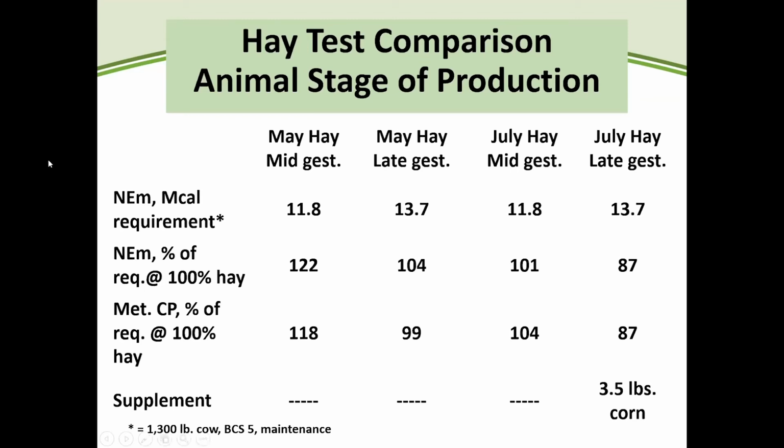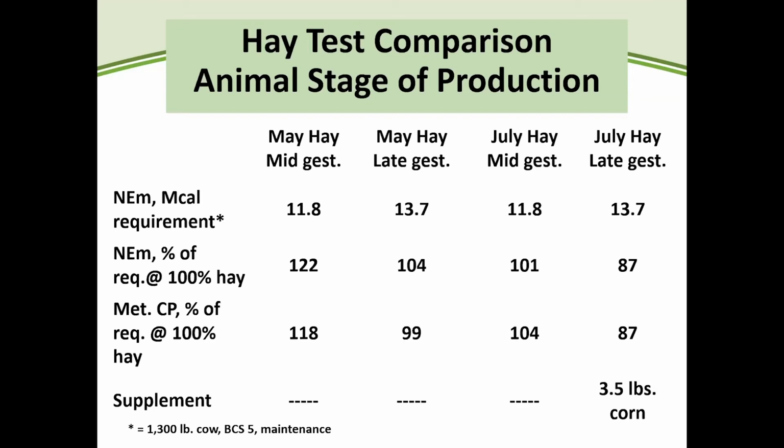That hay does allow the animal to be more closely aligned with her nutrient requirements with what the hay has. So again, late gestation, that high quality hay that we put up in May fits that scenario very well. And unless we have weather events or some other sort of weirdness going on, that hay should be fine for that late gestation cow and keep her rocking right along.